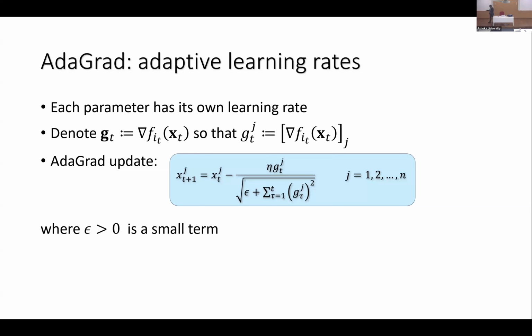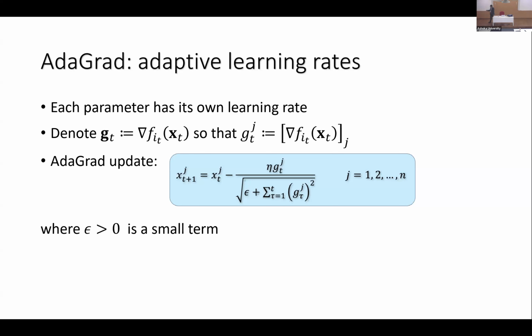So this increases as t goes on, and that causes a decrease in the overall eta. You could think of it like this: eta divided by this thing becomes smaller and smaller. That's the idea of AdaGrad.